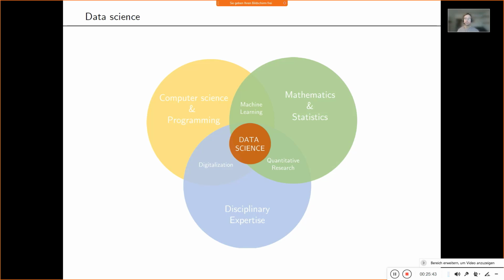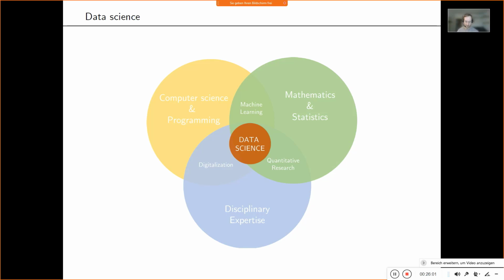But these two things, computer science and programming, so implementing the ideas of applied mathematics and statistics, are not everything that plays a role in data science and in carrying out data science projects.